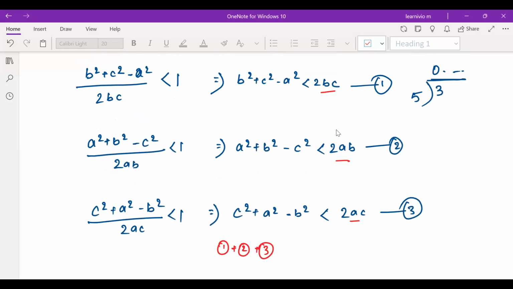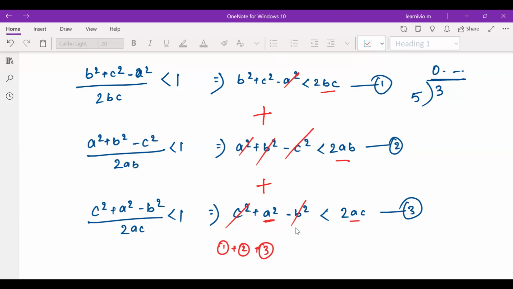So these 3 relations we will be adding, equation 1, 2, 3, and we will be getting a relation from here. If you add all of them, I am showing it here only, this a square will go, this b square will go, right? So what are we having? We are having 1a square. Okay, c square will also go. Can you see?